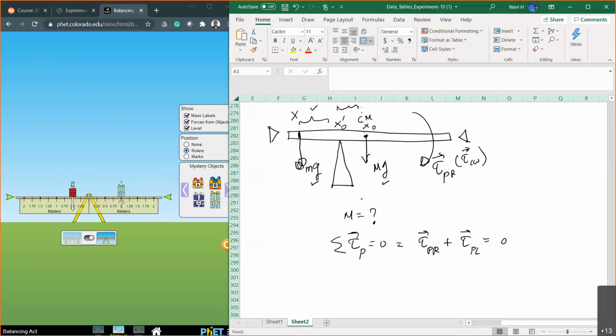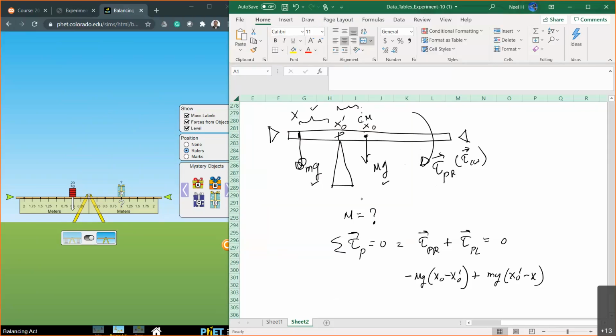So torque from the right hand side is equal to the separation between the force mg and the fulcrum point, times the magnitude of mg. The separation is x0 minus x0 prime. And minus sign, this is actually minus, plus small mg times (x0 prime minus x), the separation between the small mg and the new fulcrum point P.